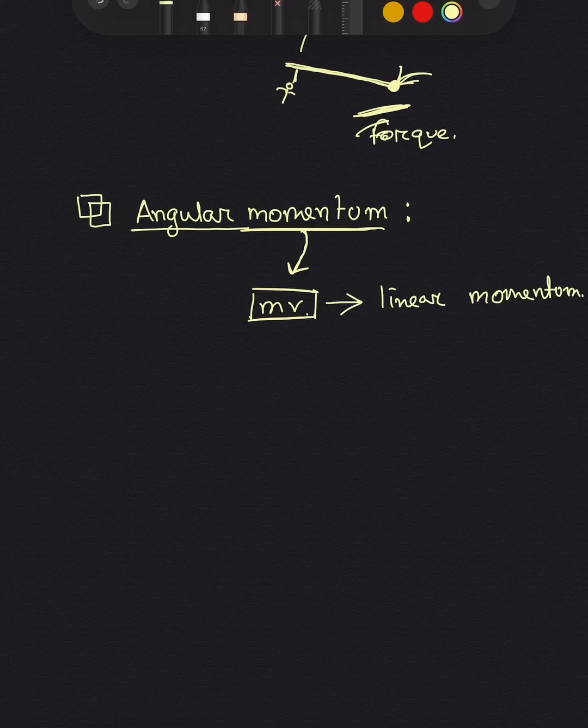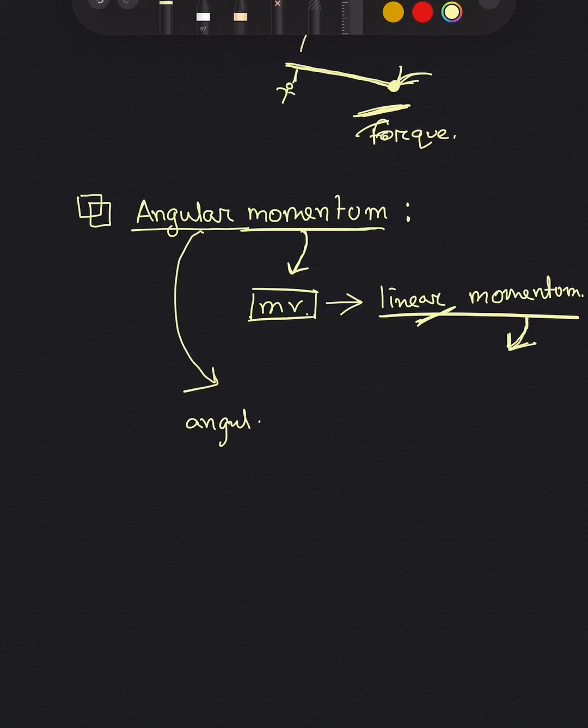So what is angular momentum? It is the same quantity as linear momentum that works in rotational motion. When momentum works linearly, we call it linear momentum. When momentum works in rotational motion, we call it angular momentum.